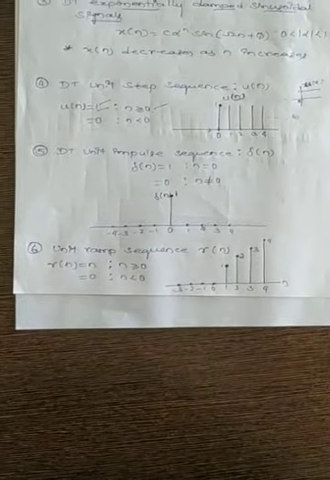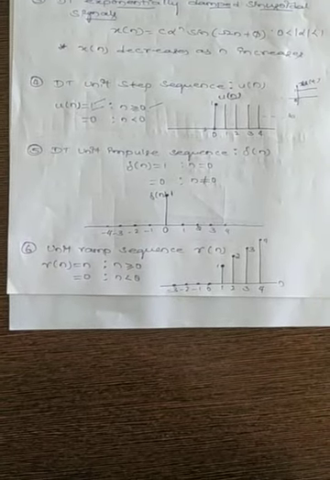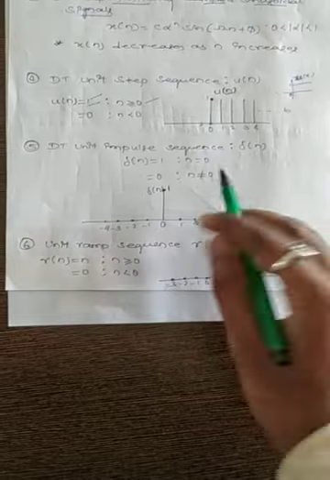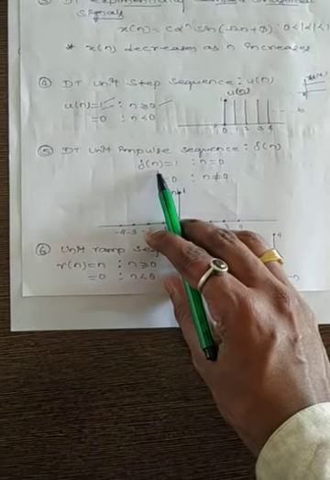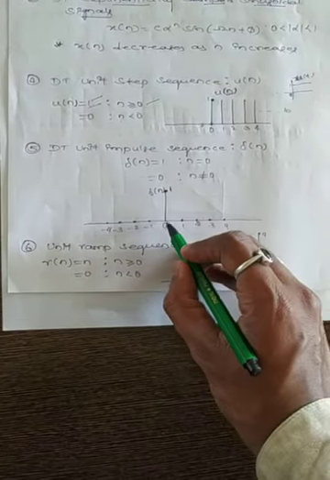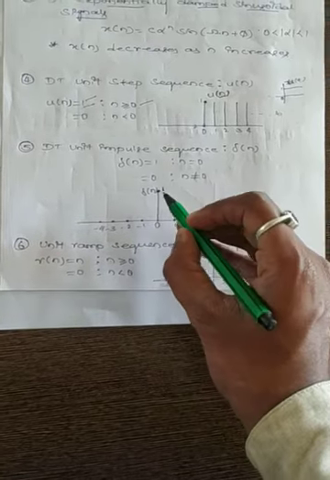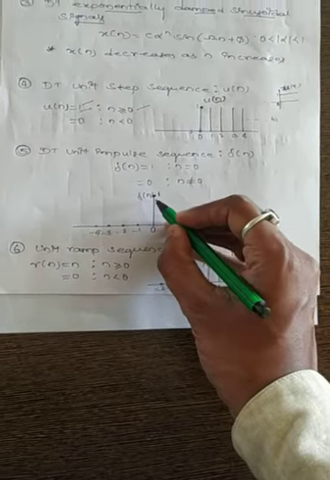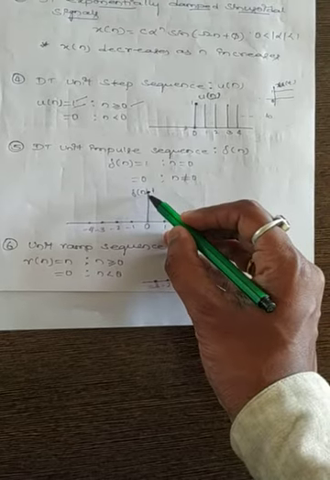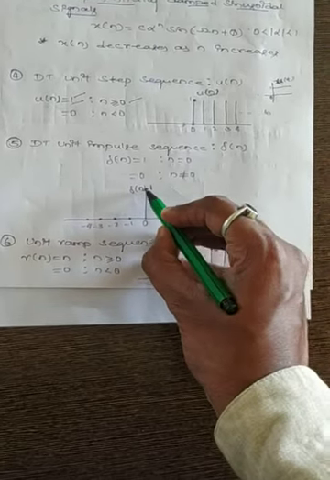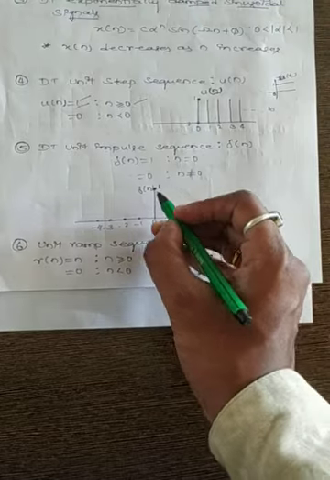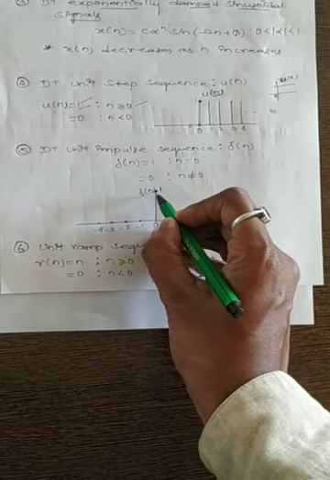Next, the discrete time unit sample sequence. This is similar to that of continuous time signals. There also the sample will be at 0 and its amplitude will be 1, and the representation is also almost similar. In that case, you use an arrow.